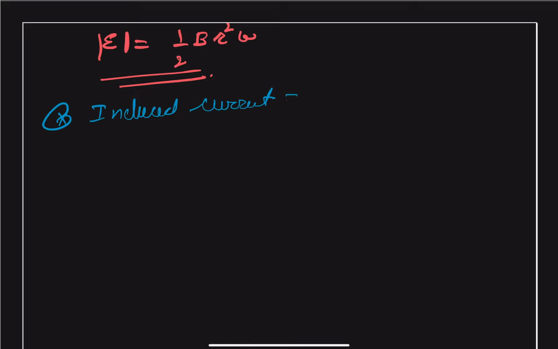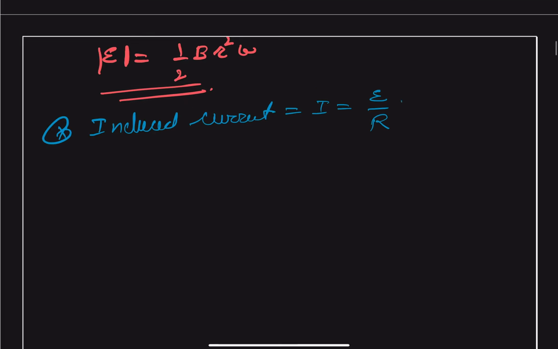Induced current, if it is given as I, will be equal to induced EMF divided by resistance R. Induced EMF we already know. We can write this as half B r square omega divided by resistance R.